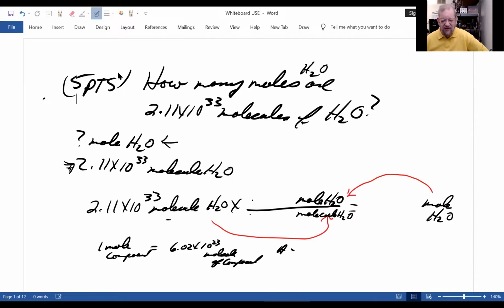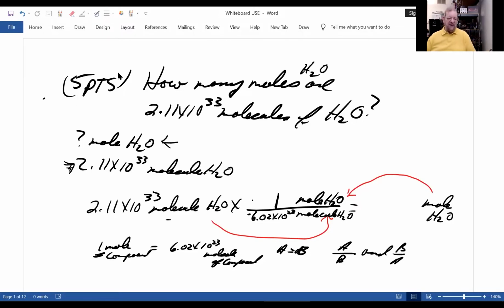And if two things equal each other, A equals B, there's two ratios you can have, A over B, and B over A. So if I have 1 mole here, what do I put here? 6.02 times 10 to the 23rd.